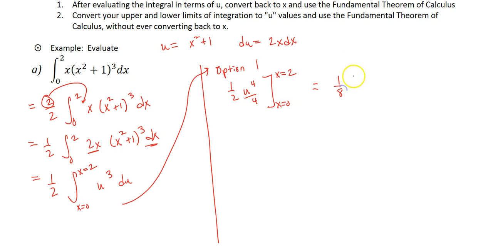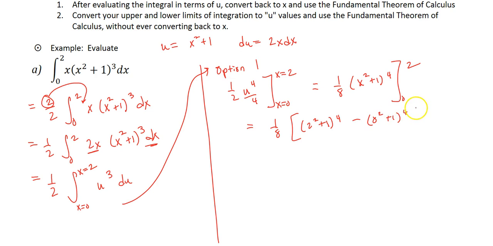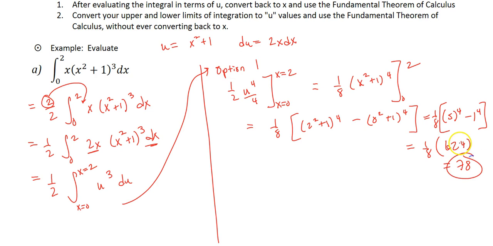So this will be 1/8 times (x squared plus 1) to the 4th from 0 to 2, which will be 1/8 times (2 squared plus 1) to the 4th minus (0 squared plus 1) to the 4th, now that everything's back in terms of x, which will be 1/8 times 5 to the 4th minus 1 to the 4th, or 1/8 times 624, which is equal to 78. So that's one option.